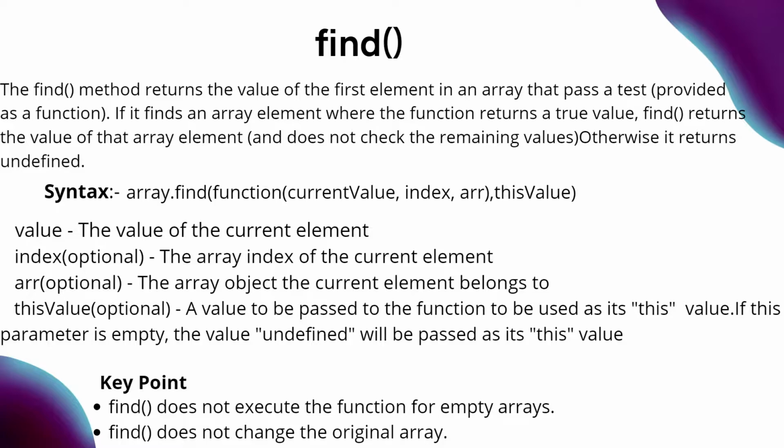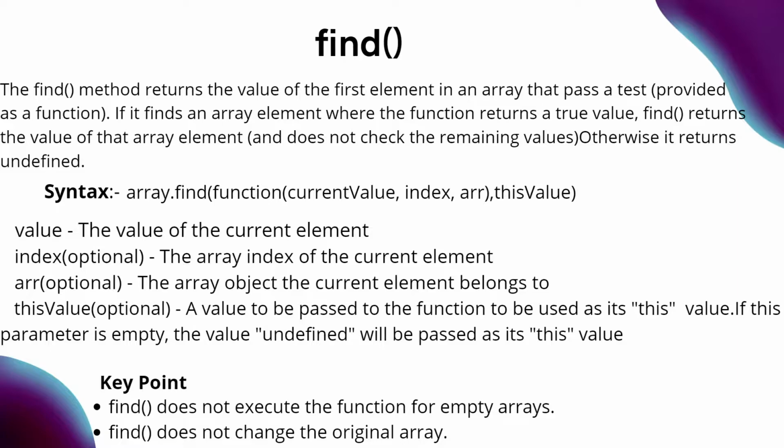In this video, we are going to see the find method. The find method returns the value of the first element in an array that passes a test. This means we provide a function, and if the function is satisfied, it returns the element.